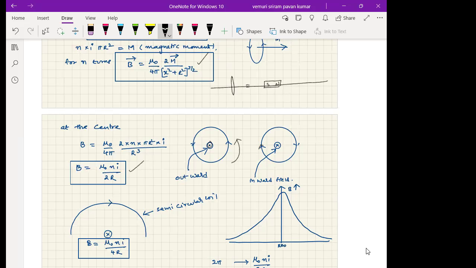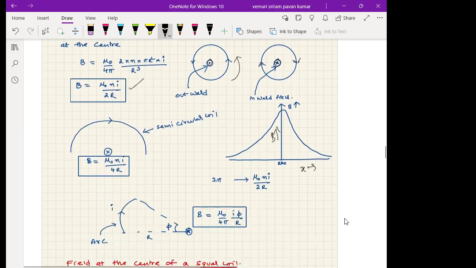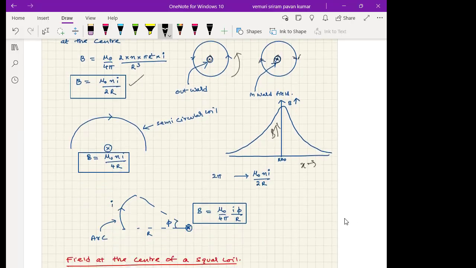If the current is in a clockwise sense, for example, you will have an inward magnetic field. And not only that, if you draw this function B as a function of x, the graph will be like this. Okay? Got the point? Right. If it is a semicircle, half of this. If it is an arc making an angle phi, field at the center is like this.